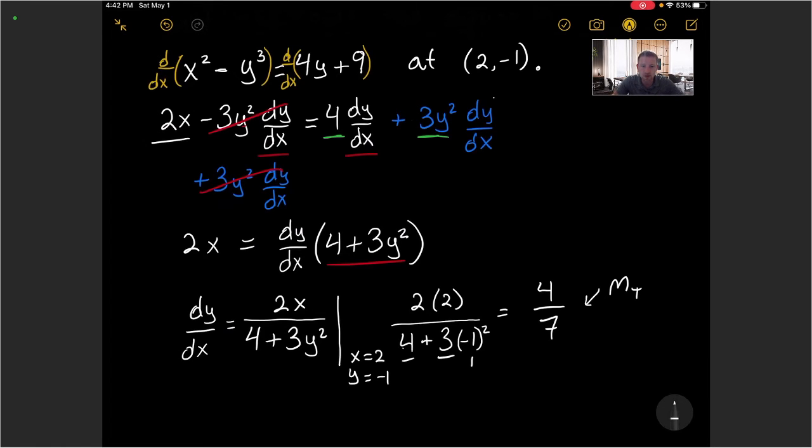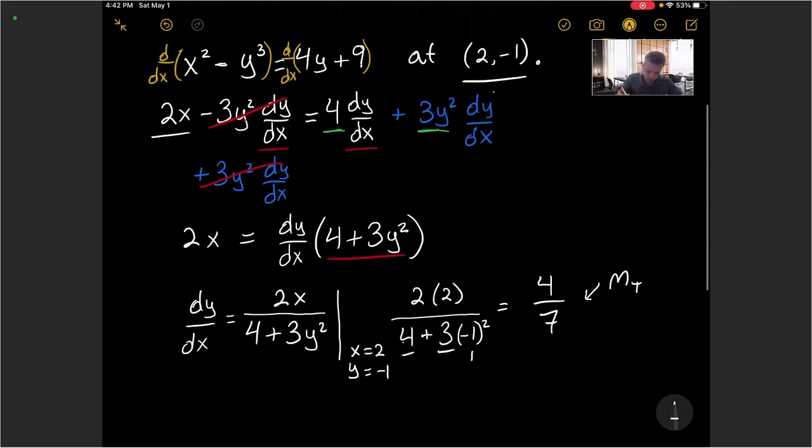So we've got our tangent line slope, and we have a point, the point 2 comma negative 1. So we can start to write this tangent line with the point slope form. Just as a review, our point slope form for a line is y minus y1 equals m times x minus x1.